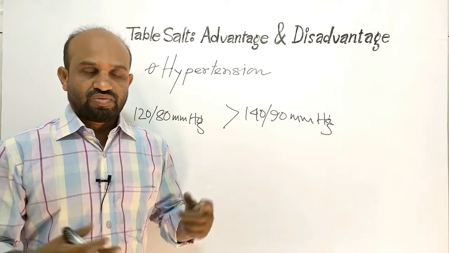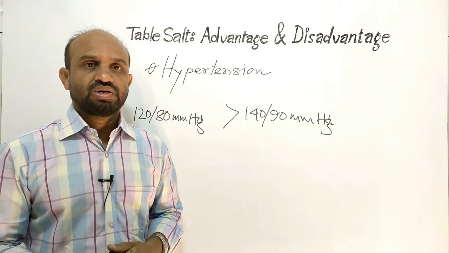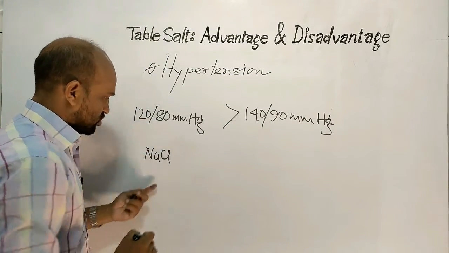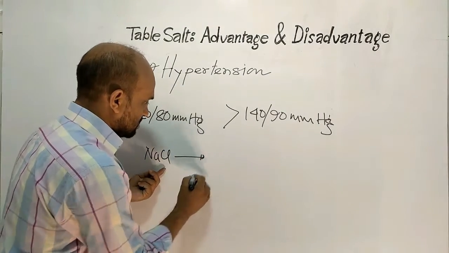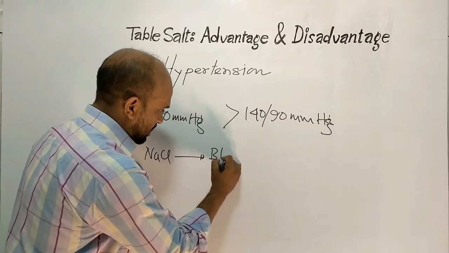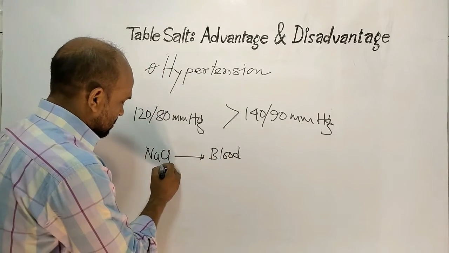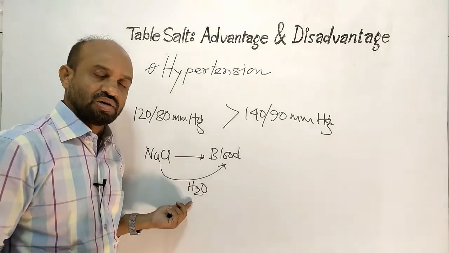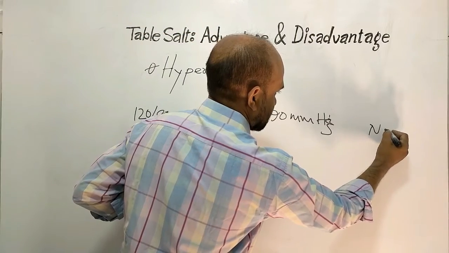And for hypertension, sodium chloride is responsible in this way. When sodium chloride reaches our blood, then it takes a huge amount of water in the blood in this way that we already learned.